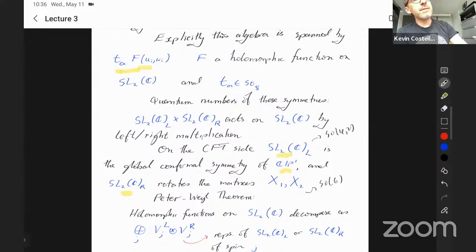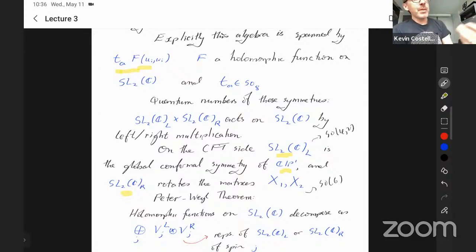Now, how does a function on the group behave under the action of left and right multiplication? Well, fortunately, there is an old theorem from the 1920s or something which tells us this. This is really just harmonic analysis of the group, the compact group, if you like.